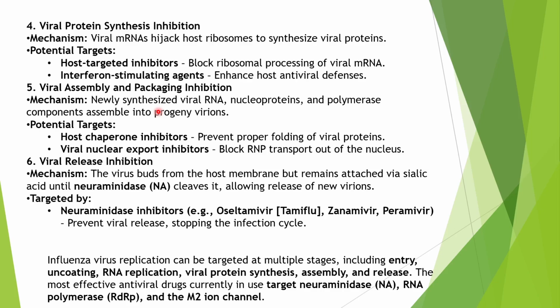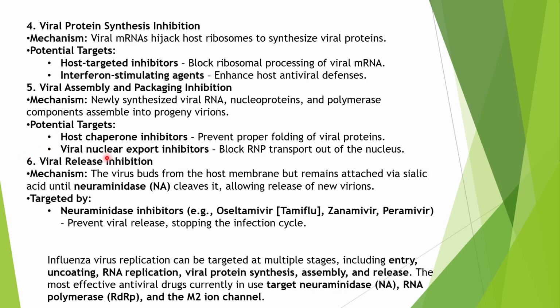So it will use the host chaperones to first probably fold the viral proteins before packaging. So that step itself can be prevented using chaperone inhibitors, and viral nuclear export inhibitors can be used so that the export of RNP out of the nucleus can be prevented.